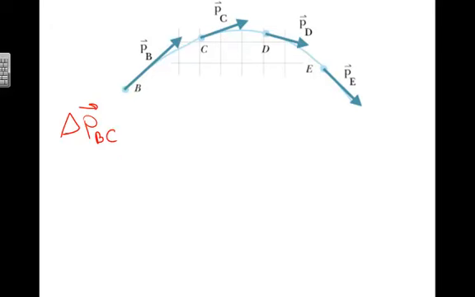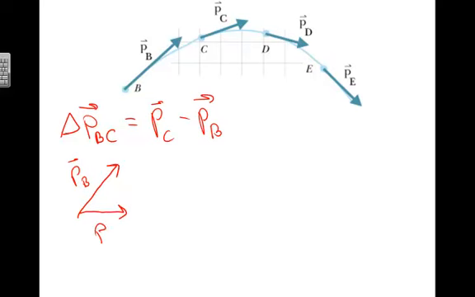That's the change in momentum between points B and C. So that's going to be P final, which in this case is PC, minus my P initial, which is PB. And if I'm going to graphically subtract these two, again, we put them tail to tail. Here's my PB, here's my PC, and start at the nose of the vector that we're subtracting and go to the nose of the other one. Right there, that's my delta P BC.